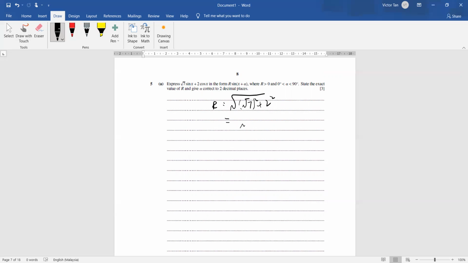So this 7 plus 4 is root of 11. Alpha is tan inverse of 2 over root 7. Let's find out this 2 over root 7. To 2 decimal places, 37.09.